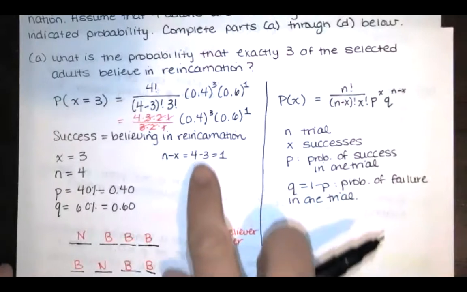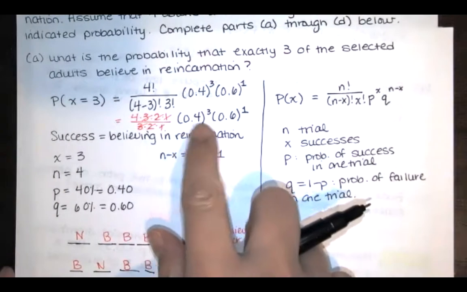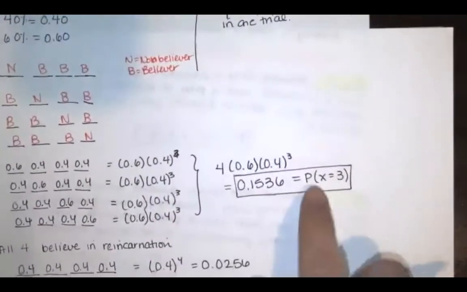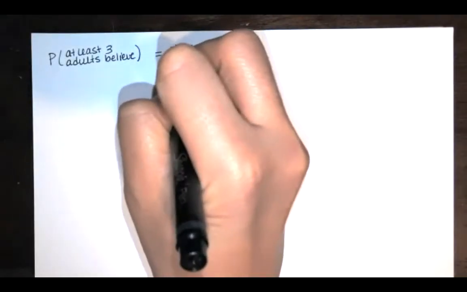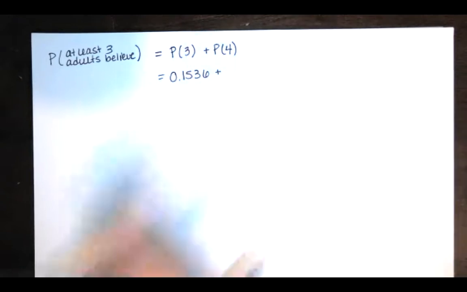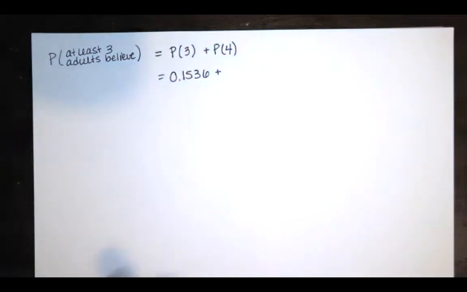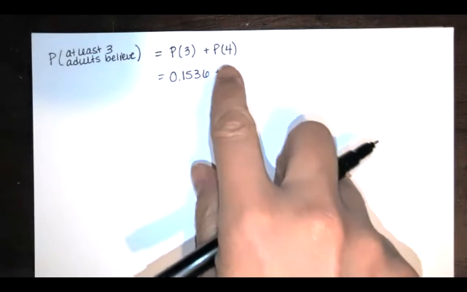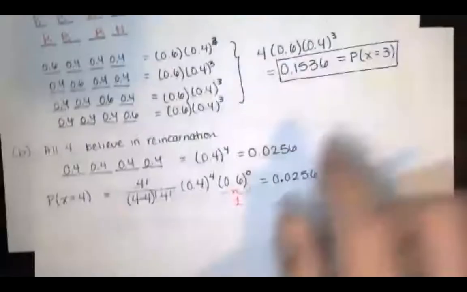That was 4 times 0.4 to the third times 0.6, which turned out to be that value. We want to use the non-rounded value here to be as accurate as possible, and then we'll round at the end. And then we want to add the probability that all 4 believe.